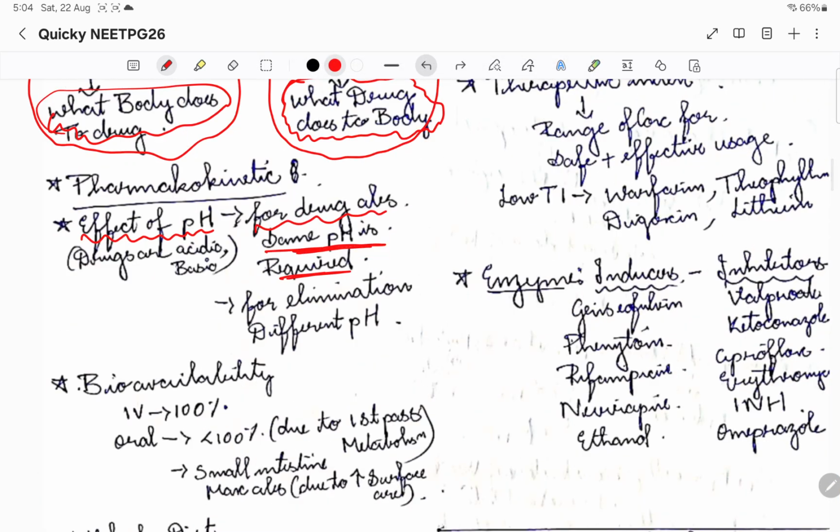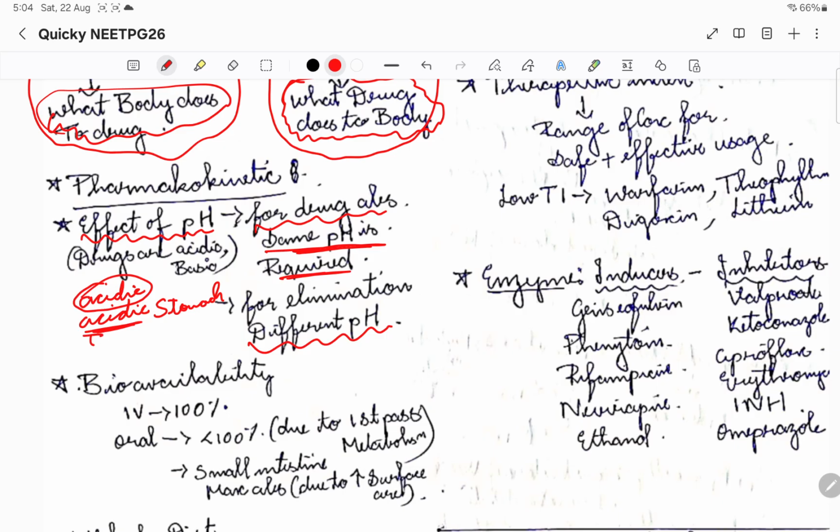What does that actually mean? It means that if a drug is acidic, then we require an acidic medium. For example, the acidic medium is the stomach, where this acidic drug will get absorbed increasingly.